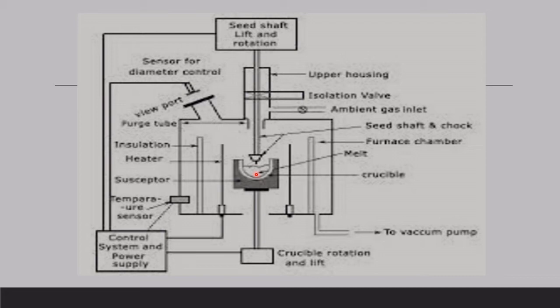What happens if oxygen comes into it? The crucible is usually used only once, because after the crystal growth, when you are cooling down the system, because of the thermal mismatch the quartz crucible is going to crack. So you can't reuse the crucible.